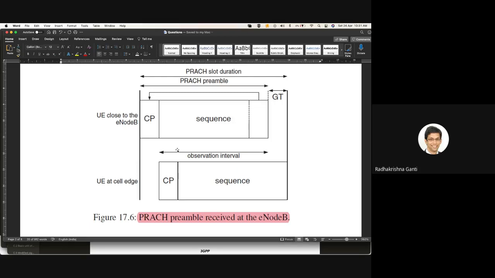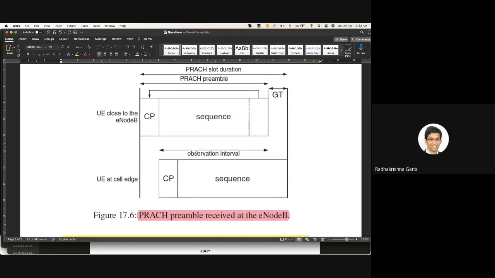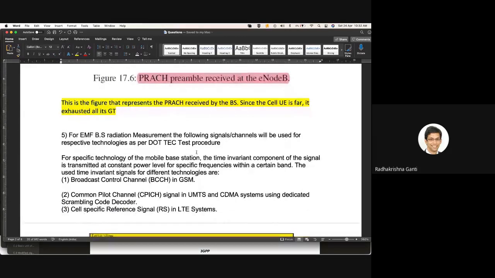Then it can immediately identify that the timing advance required is twice this guard time, depending upon how it's computed. Is it clear? Yes, sir. This is not the diagram where the UE transmits, but the diagram of what the base station received.